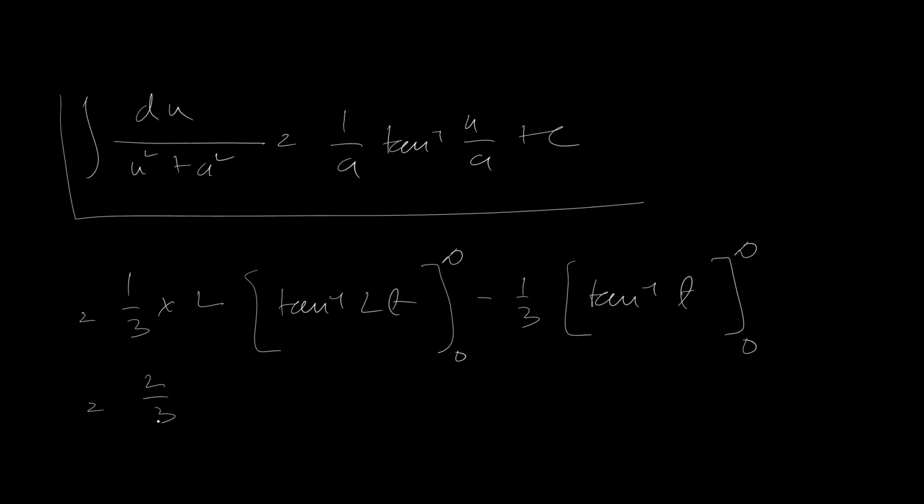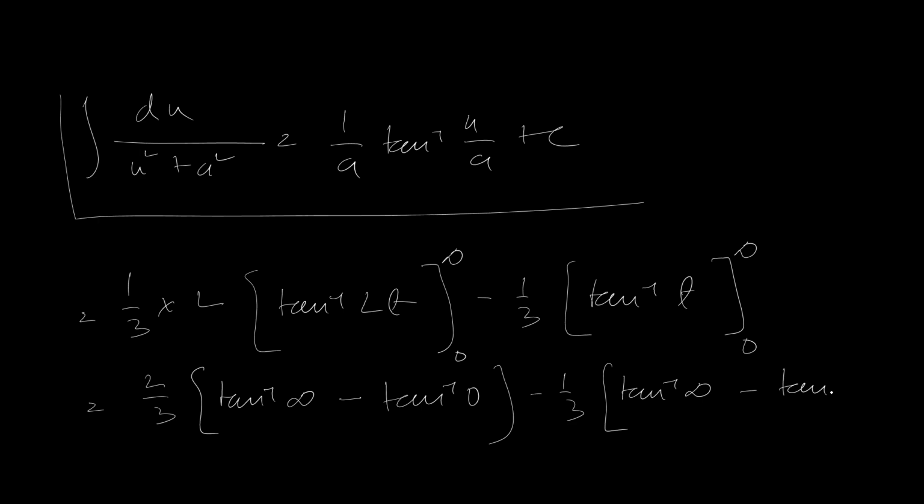So this will be 2 by 3, this is tan inverse 2 into infinity, ultimately it will be infinity, and this is minus tan inverse 0 minus 1 by 3, this is tan inverse infinity minus tan inverse 0.